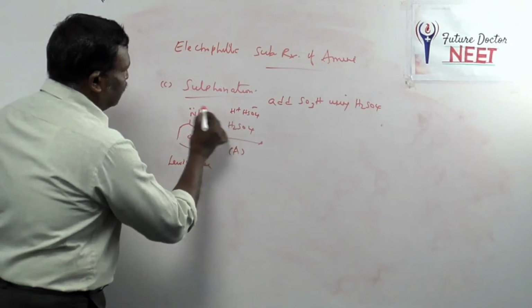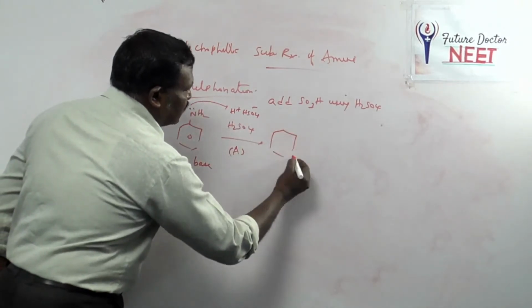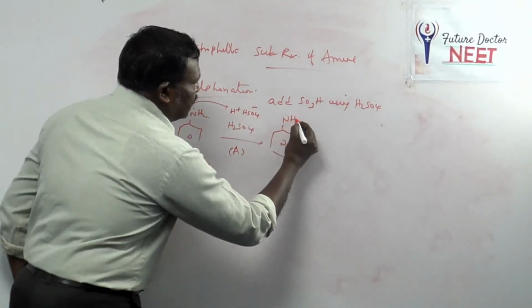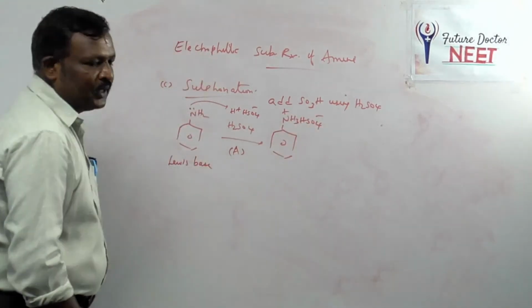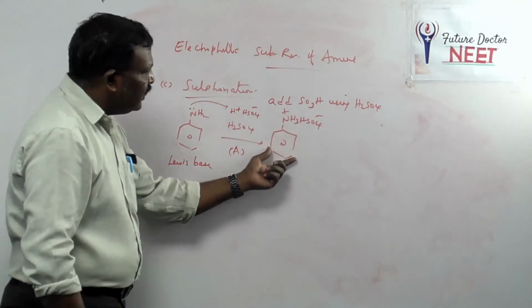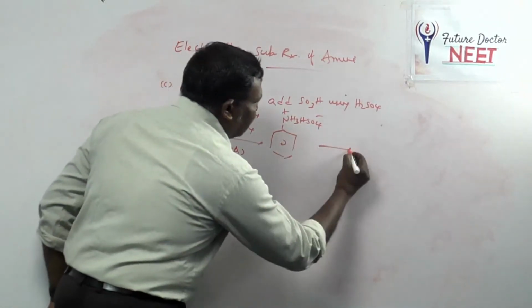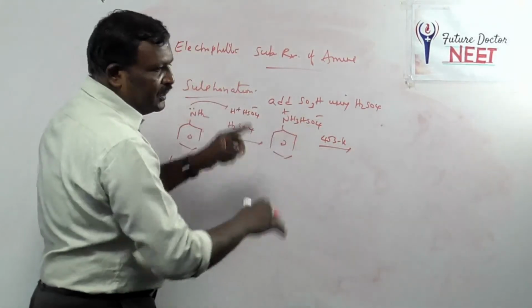You just combine them. One salt will be formed, that is NH3 plus HSO4 minus, anilinium hydrogen sulfate. After that, we heat it to about 453 Kelvin. Then rearrangement takes place.